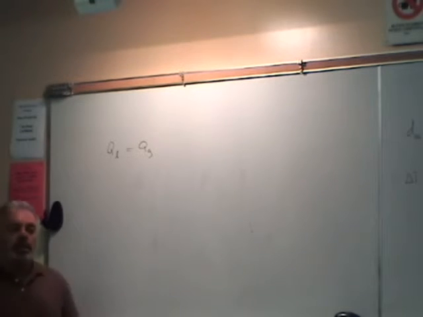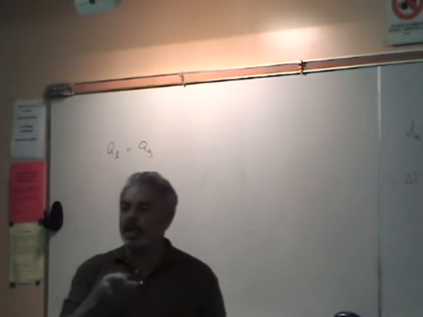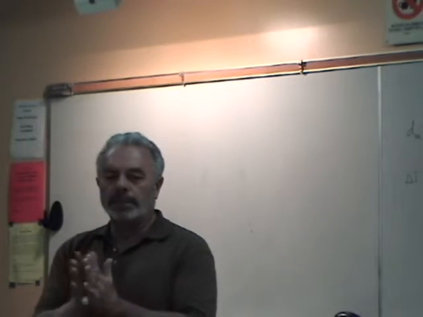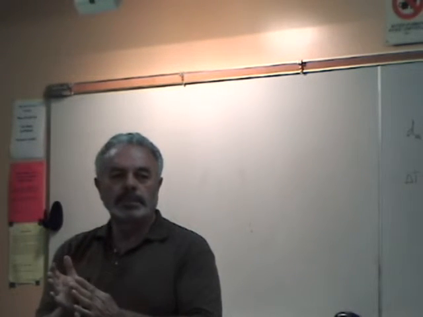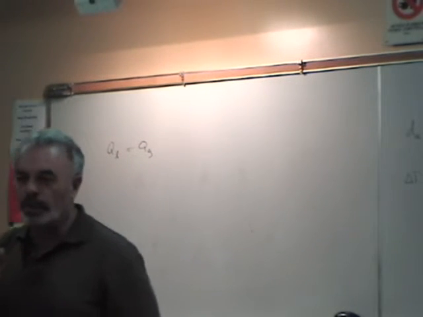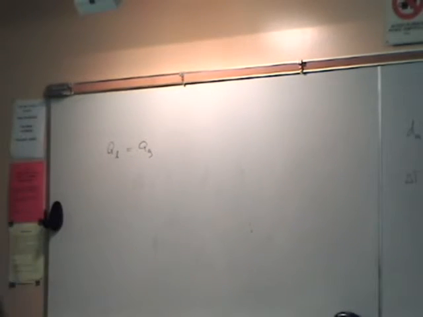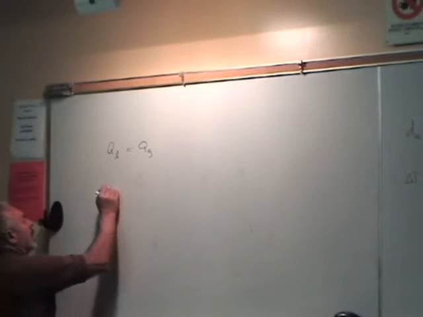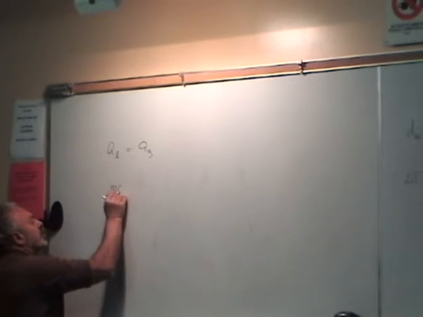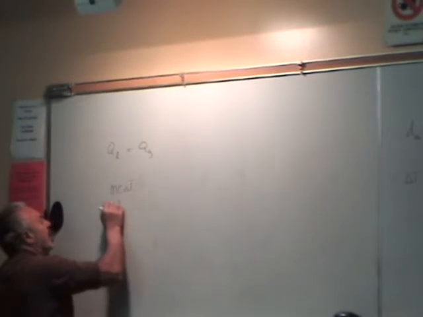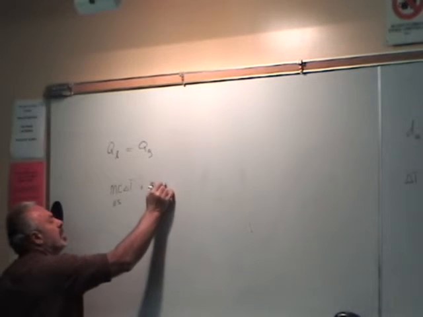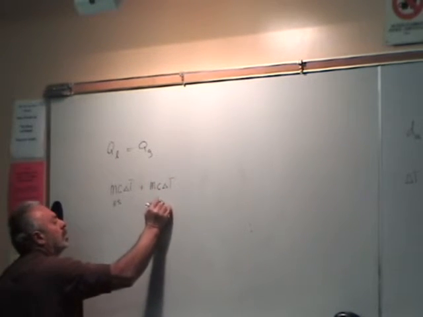Now, in the experiment, there are two things that lose heat. When we combine it together, there's two things that lose heat. What are they? Somebody said the shot, that was one. What's the other? The water. There's some hot water. So I'm going to put down MC delta T for the hot shot, plus MC delta T for the hot water.